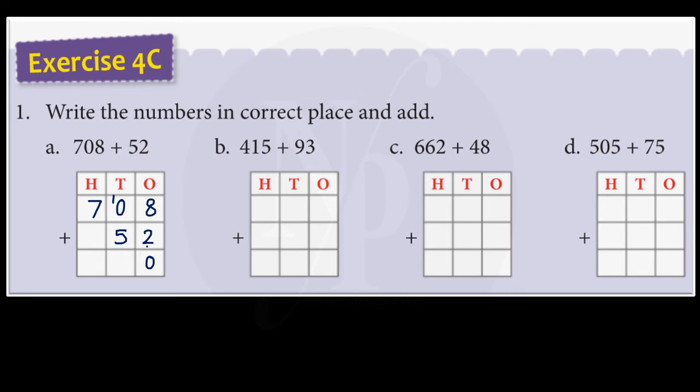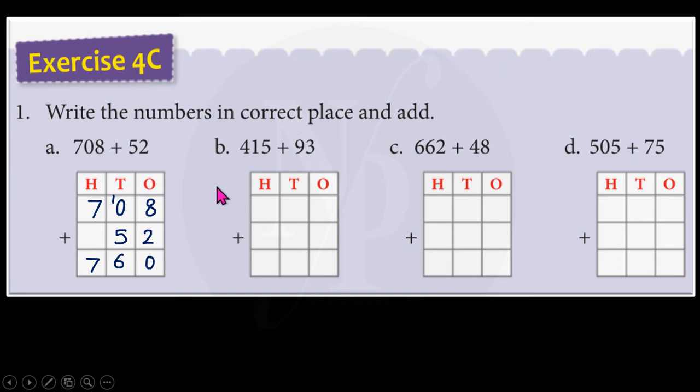So we write 6 in tens column. In the hundreds column we have 7 here. There is no digit here to be added, which can be considered as 0. So 7 plus 0 is 7. We should write 7 here. 760 is the sum of 708 and 52.